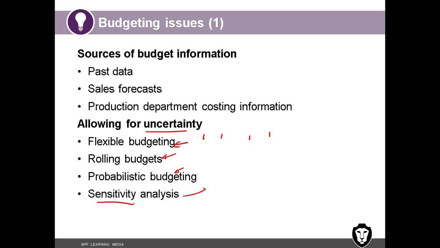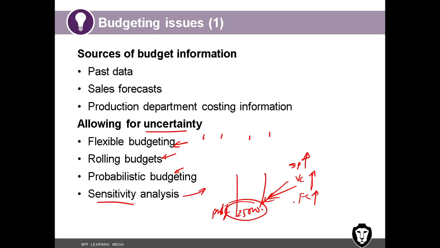Sensitivity analysis. Sensitivity analysis means you prepare the budget. Let's say you assume so many factors, you prepare the budget and the budget says profit of 25,000. Now you do a stress test on it. Stress test means if selling price increases, what will happen to this profit? If variable cost increases, what happens to this profit?